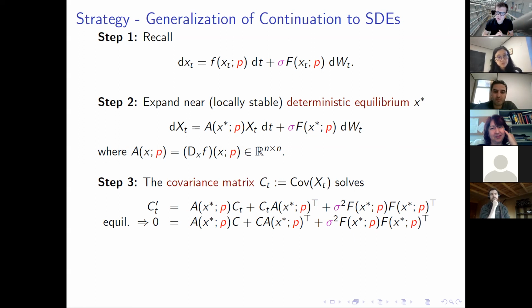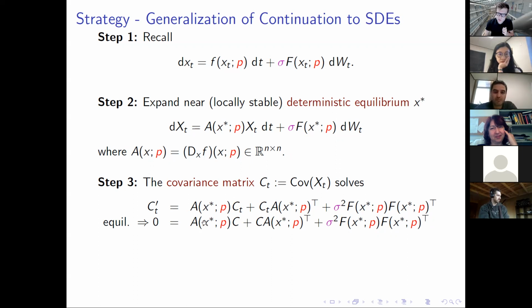You can also figure out that the fluctuations of this Ornstein-Uhlenbeck process are completely described by a covariance matrix. It's a Gaussian process, mean zero, and so on. The covariance matrix solves an evolution equation, and for a locally stable deterministic equilibrium that evolution equation can be proven to have a stationary solution.